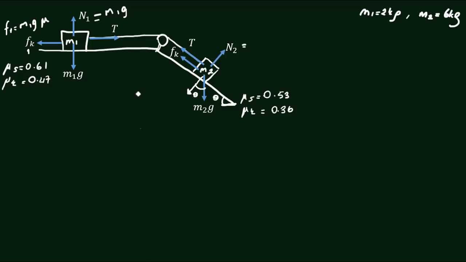So we have M2G cosine of theta, this component. And M2G, now that we're doing the components of M2G, has a component along the direction of motion, which is M2G sine of theta. So this normal force N2 is the sum of all the forces acting towards the surface, which is just M2G cosine of theta.